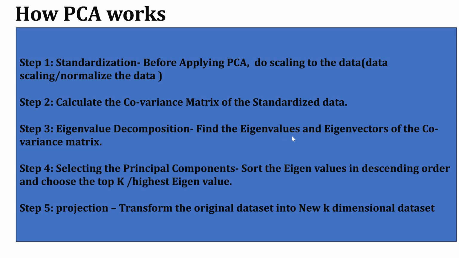Once calculated, we find the eigenvalues and eigenvectors of the covariance matrix, we have to sort the eigenvalues in descending order, and then we have to choose the top or highest eigenvalues நம்ம choose பண்ணி தான் நம்ம வந்து data transformation பண்ணணும். Final step, based on those eigenvalues and eigenvectors, data transformation, final stepல வந்து data வந்து transform பண்ணும் from original data to new dimensional data.